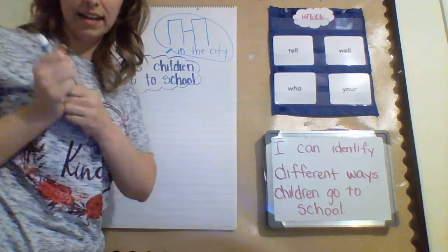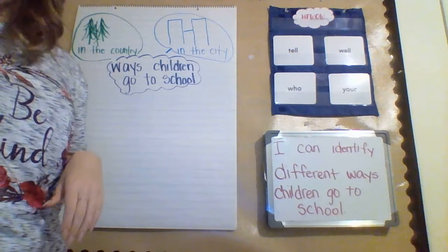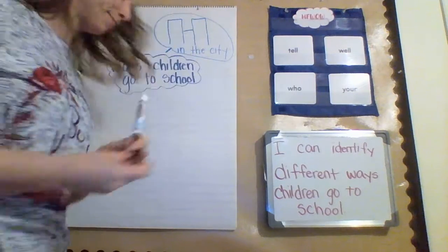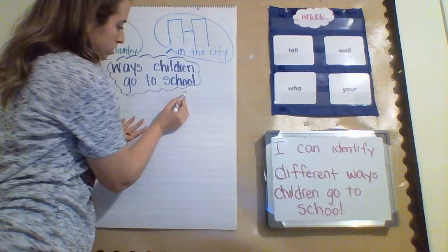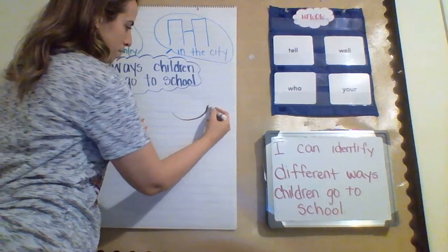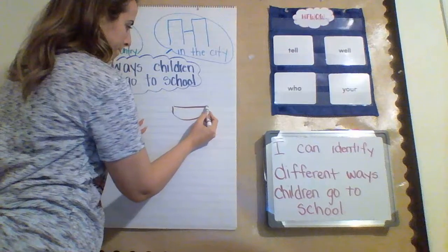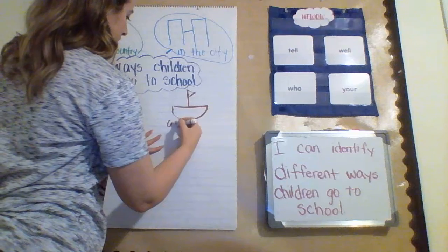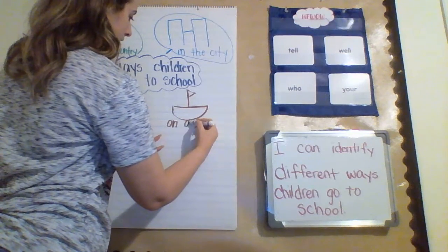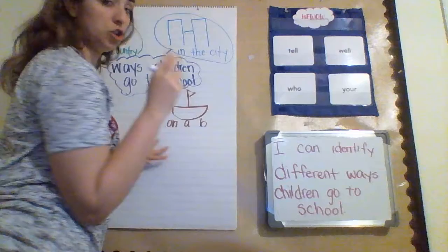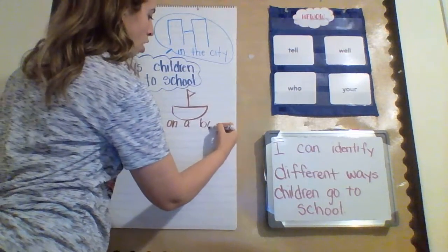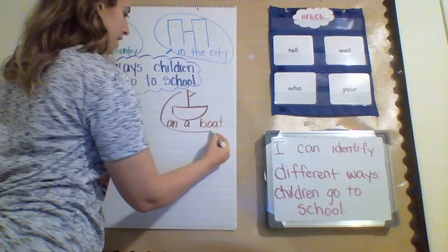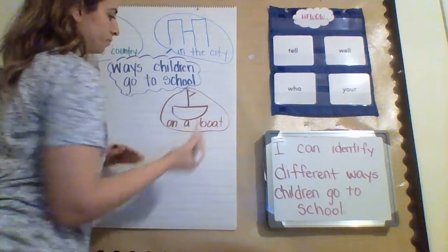What is another way that kids go to school? On a boat. Good job. On a boat. I hope you said boat. So this is my ish boat. My ish sail. So on a, the two letters that say O, O-A, boat. On a boat. Okay?